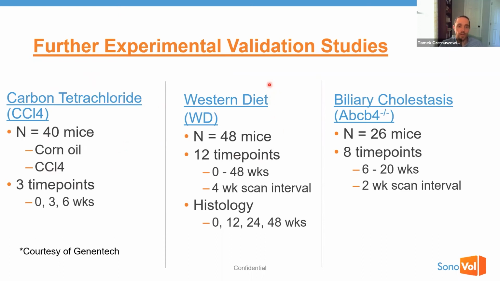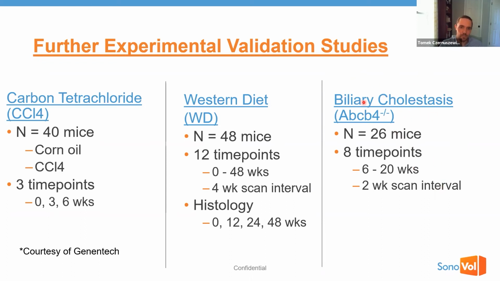We've been running a Western diet study, an obesity-driven NASH model. And we've also looked at some genetic knockout mice, the ABCB4 knockout, which is a model of cholestasis.